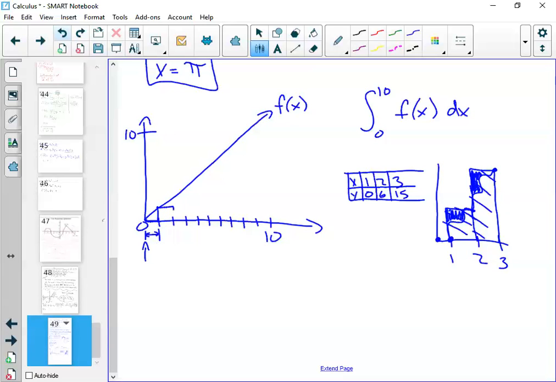But then we have one here, and then we go up to here. Left is here, left is here, and so on and so forth. And as you can see, for this particular graph, a right Riemann sum is going to give us something too big, and a left Riemann sum is going to give us something too small.